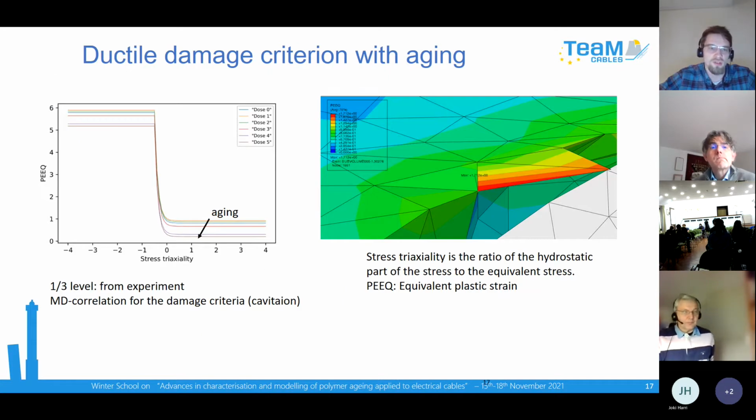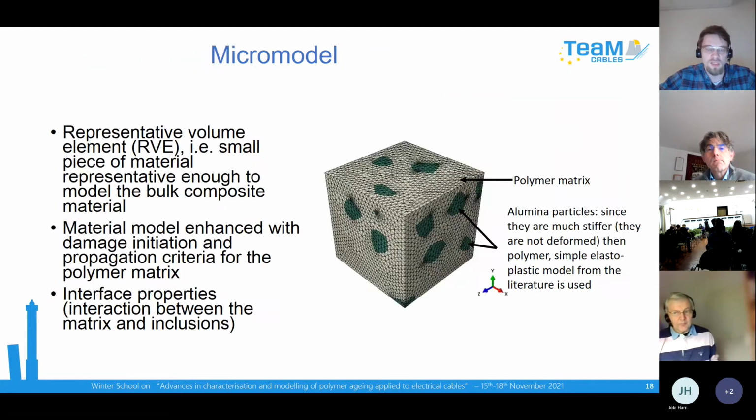Probably I will not pay much attention to the damage model itself. So let's go directly to the next slide, to the actual micromodel we are using for the simulations. It is a representative volume element, meaning that it's a cubic piece of the material which is representative enough to model the bulk composite material.